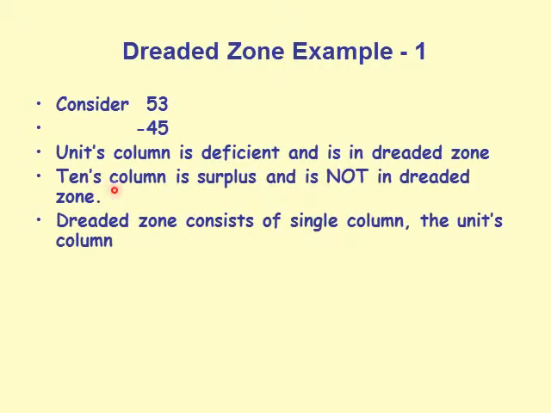And the tens column, 5 minus 4, is a surplus column. This surplus column stops the growth of the dreaded zone. So the dreaded zone does not grow anymore. So the surplus column 5 minus 4 is not in this zone. The dreaded zone in this case consists of a single column, which is the units column.